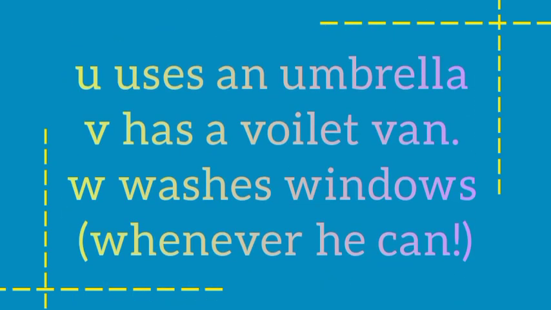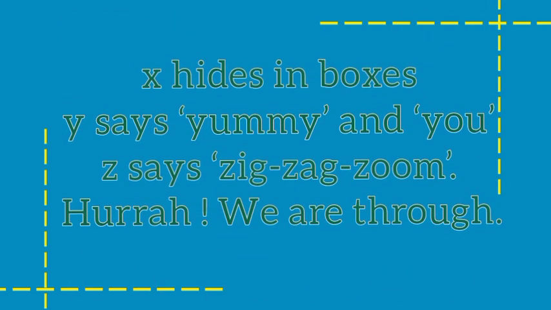U uses an umbrella, V has a violet van, W washes windows whenever he can. X hides in boxes, Y says yummy and you, Z says zig, zag, zoom. Hooray, we are through.